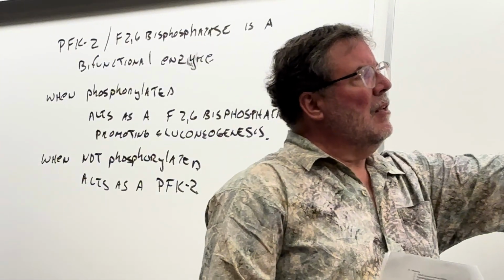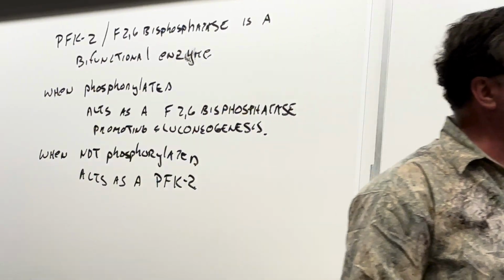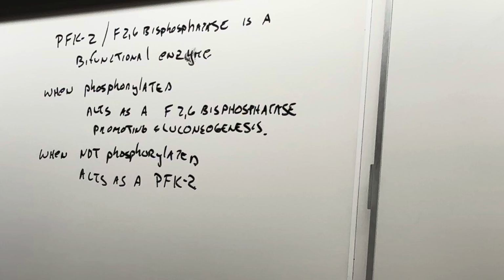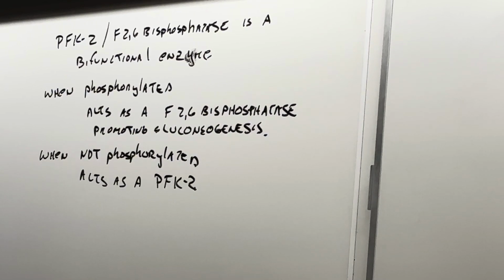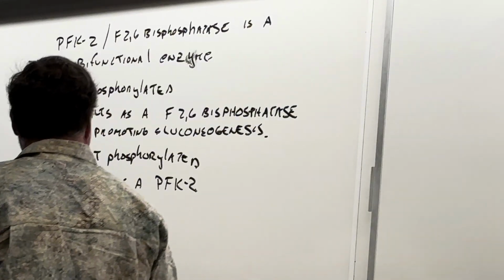So how does that work? Well, we've got PFK2 here. That's going to make more of this fructose 2,6-bisphosphate. When we have more of the fructose 2,6-bisphosphate, we're going to be activating the phosphofructokinase, inhibiting this phosphatase. We're going to promote glycolysis. So this is going to promote glycolysis.